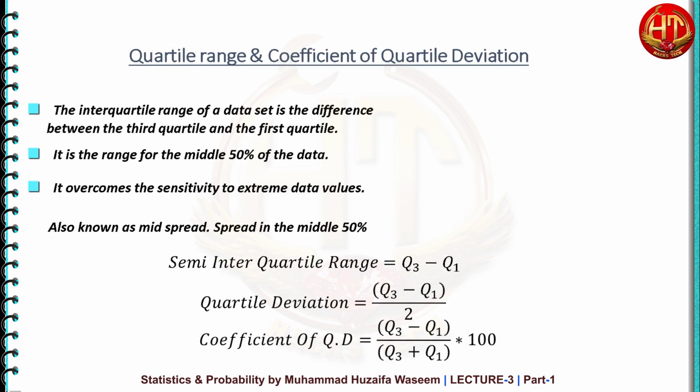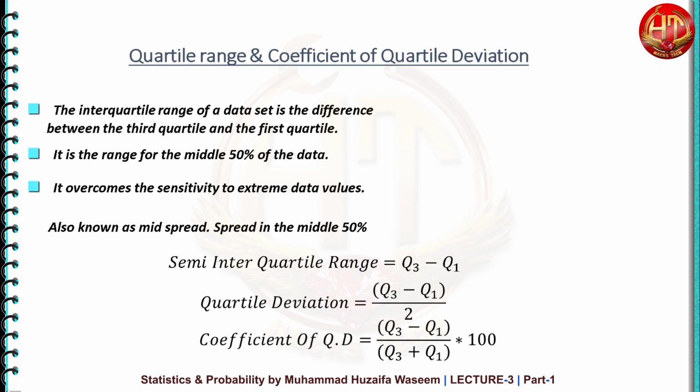Quartile range and coefficient of quartile deviation. So the interquartile range of a data set is the difference between the third quartile and the first quartile. It covers 50% of the spreadness. It is the range for the middle 50% of the data.